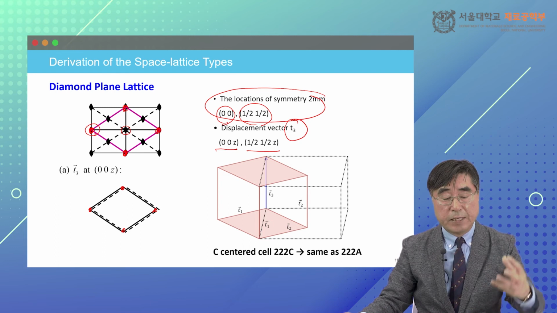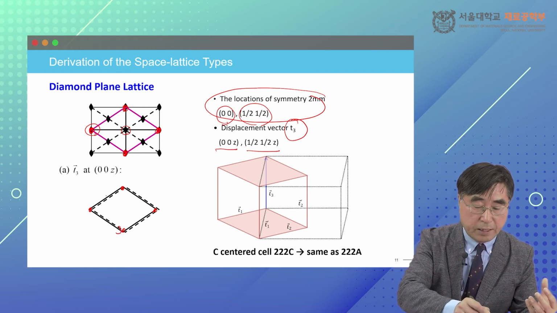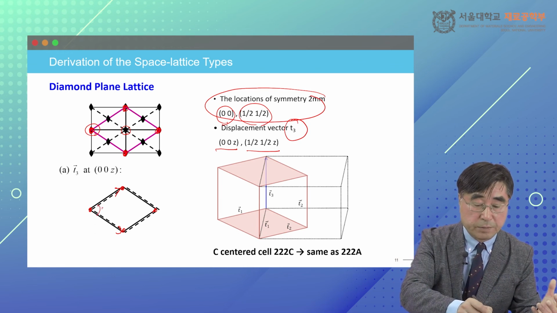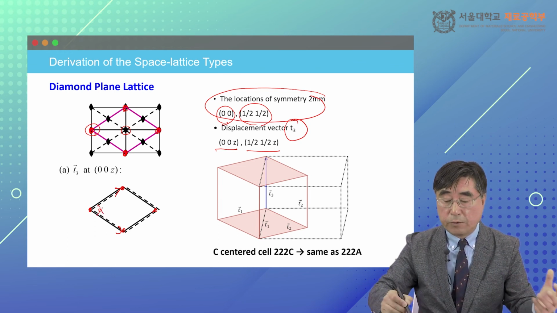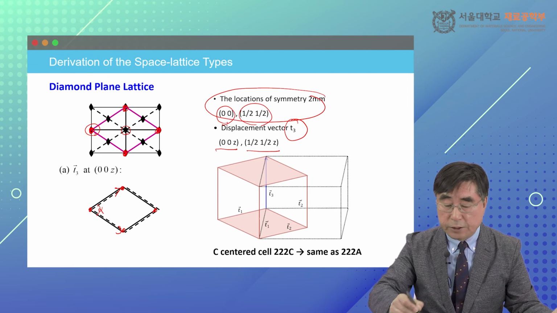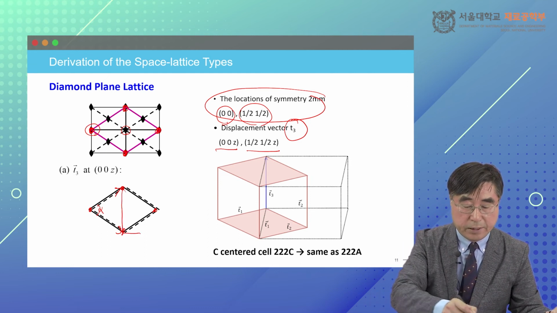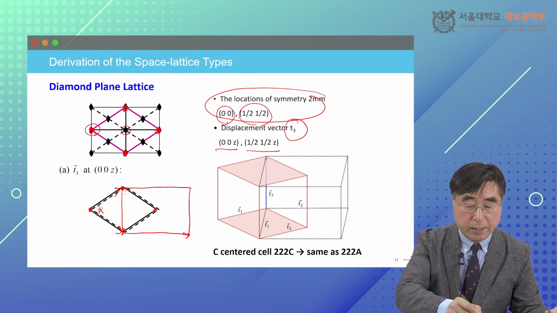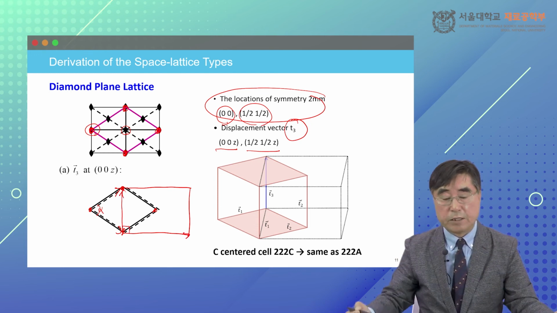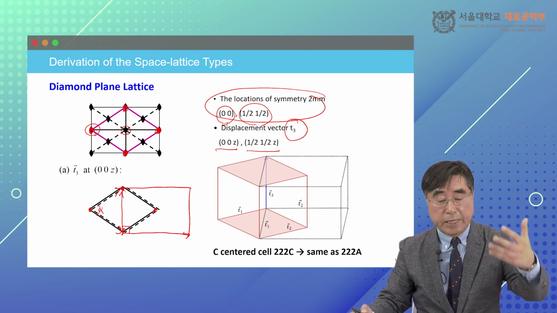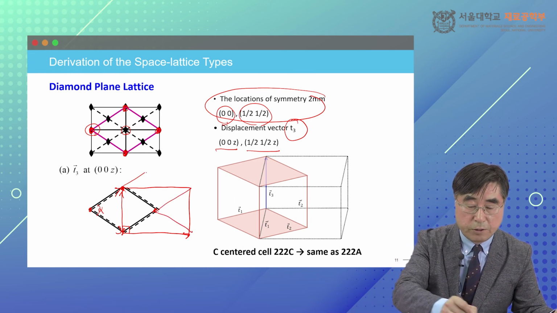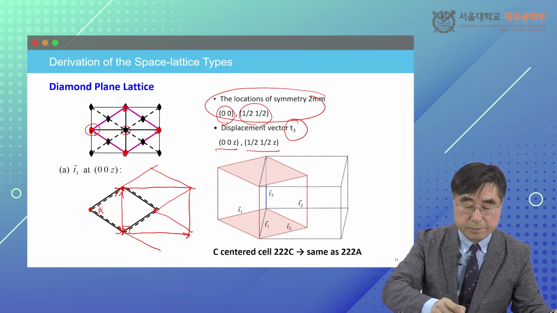So instead of building this T1 vector and T2 vector and this diamond with some arbitrary angles, what I do instead is define the unit cell like this to make T1 vector and T2 vector perpendicular to each other. Then I put the next level directly on top of that. Then this unit cell is all interrelated.